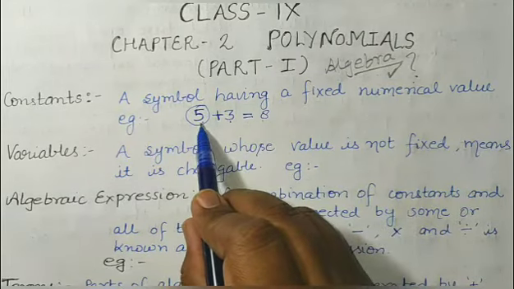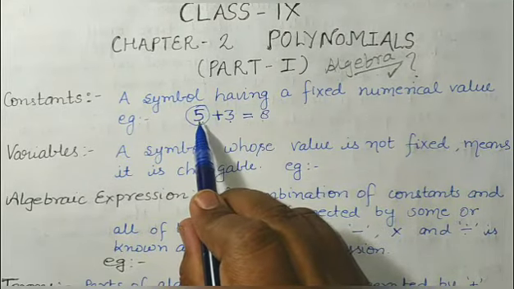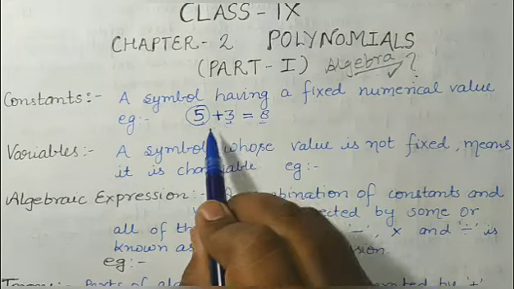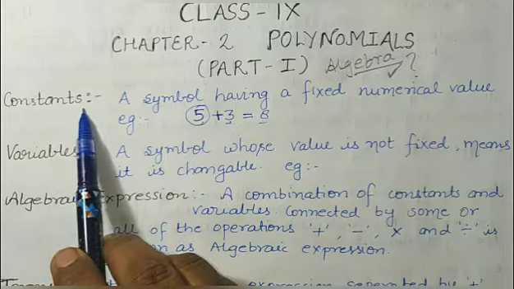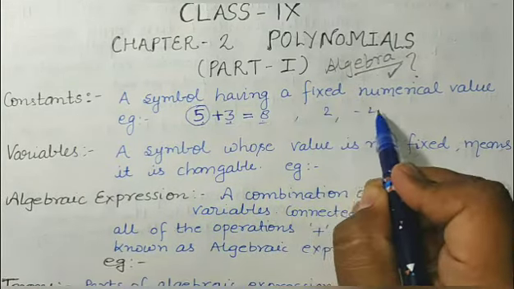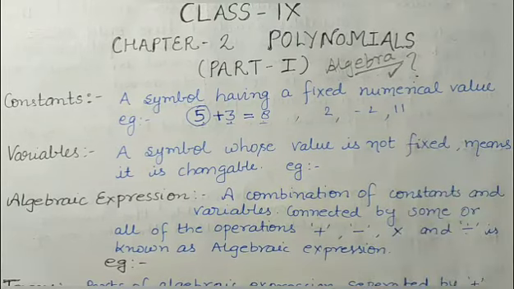We cannot replace 5, its value is fixed. So this kind of symbol is known as a constant, whose value is fixed. For example, 2, -2, 11, all these numbers are examples of constants.